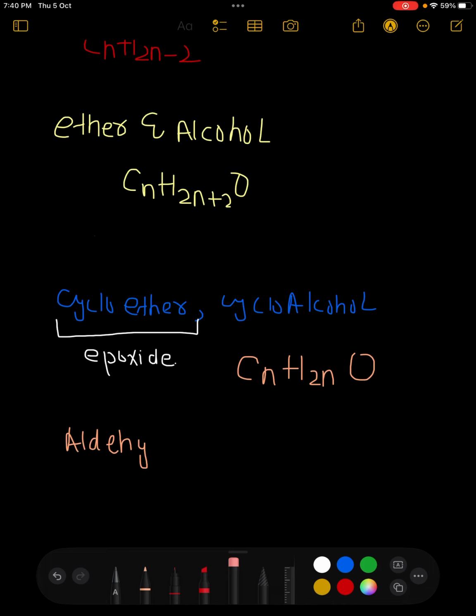Another group, which is basically aldehyde and ketone. Aldehyde and ketones formula is CnH2nO, right?